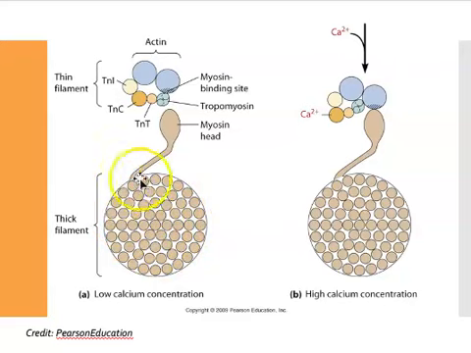Remember, all a thick filament is a whole bunch of myosins, all bundled together. So normally we would expect to see heads jutting off of this thing in 360 degrees, but they've removed all of them except one. So we see one myosin head sticking off of this thick filament.